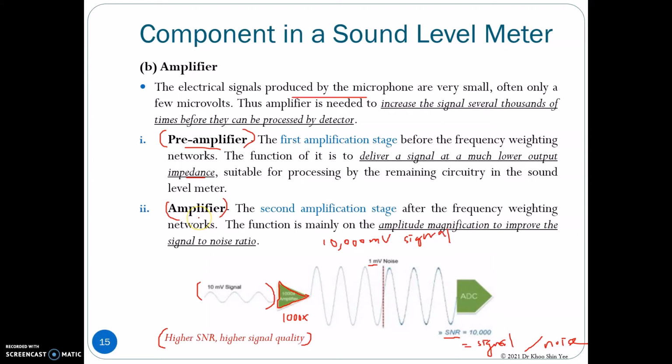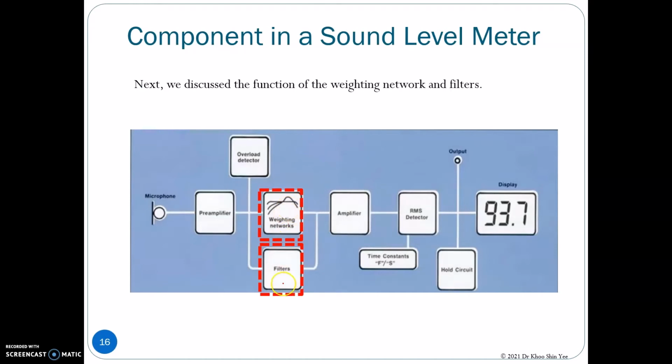The second stage of the amplifier is mainly used for the amplitude magnification as shown in this figure in order to improve the signal to noise ratio. The weighting network and the filter are located in between the preamplifier and the amplifier. Let's discuss the function of these two components.